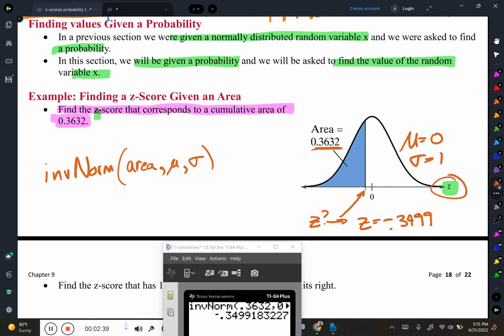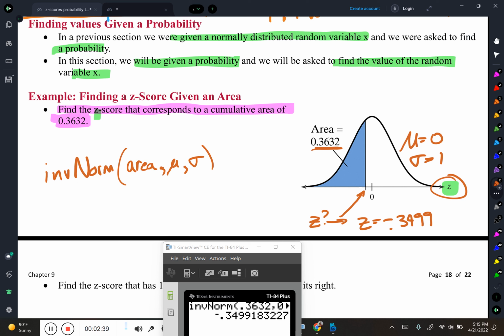It means my standard deviation is 1. The middle right here, that's going to be our 0. I'm asked to find some value over here where this piece to the right of it is 10.75% or 0.1075. I can't do that because my command only gives me left tail.